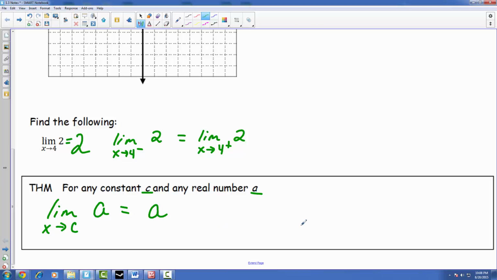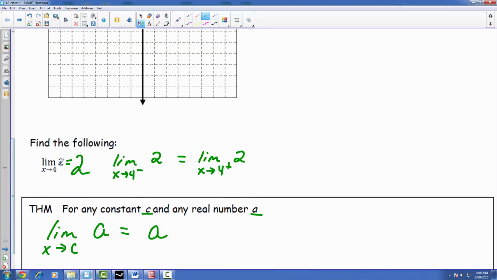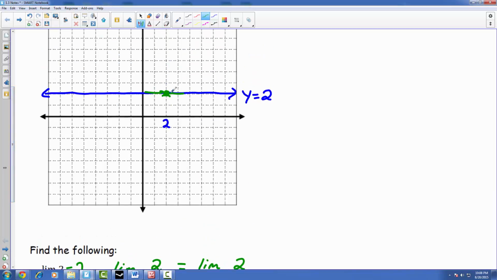So again, this was a prime example of that. We had the limit as x approached a real number, in this case 2. It came out to be literally the same exact thing. And here is our graphical representation of that.